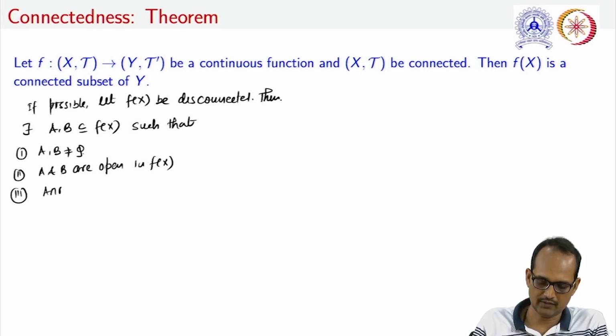They are disjoint, and f(X) is nothing but union of A as well as B.